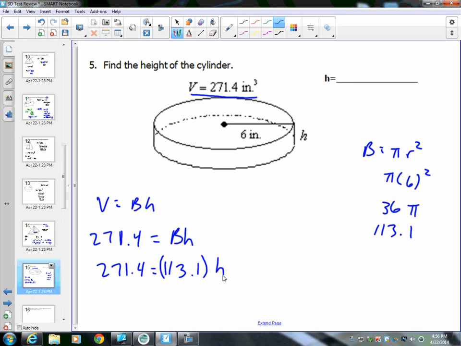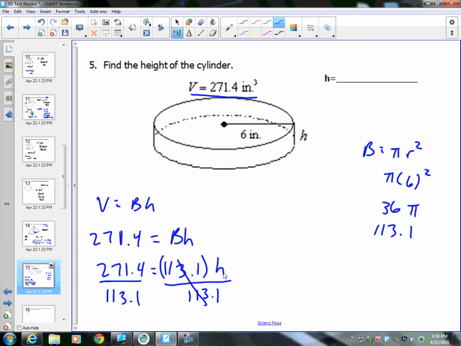So now the only thing that we don't know is the height. How would you find the height? Well, this is just regular algebra. 113.1 is being multiplied by h, so we divide by 113.1. We do the opposite. Whatever we do on one side, we have to do on the other. These cancel.